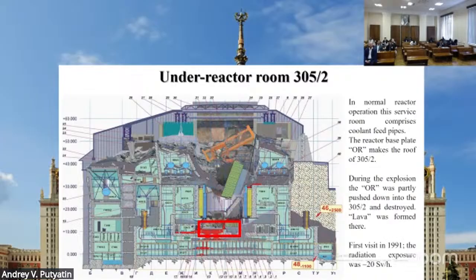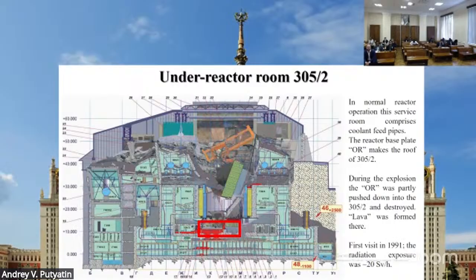This is a reactor core. The reactor core was completely destroyed, and we are speaking now about this room. This is actually during the operation of the reactor. This room is kind of an extremely hot radioactive sauna, because all the feeding water is coming in the pipes through this room, and the temperature during normal operation in this room is approximately 150 degrees.